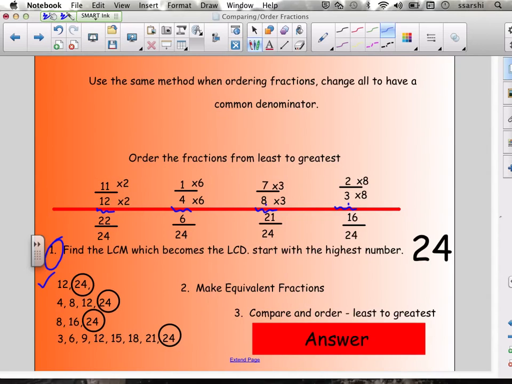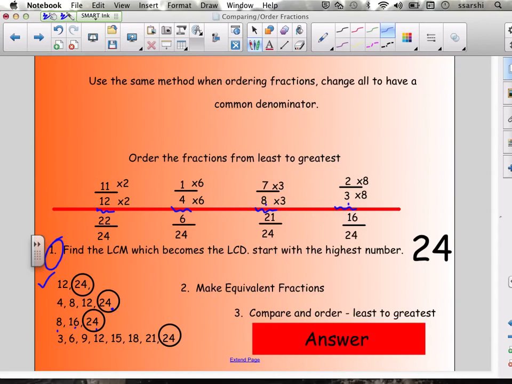And right away, I should be thinking, if I go to 4, I know 24 is a multiple of 4: 4, 8, 12, 24. I look at 8, and I also recognize from my basic facts that 24 is a multiple of 8. You see the list here, 8, 16, 24. And my last one is a 3.